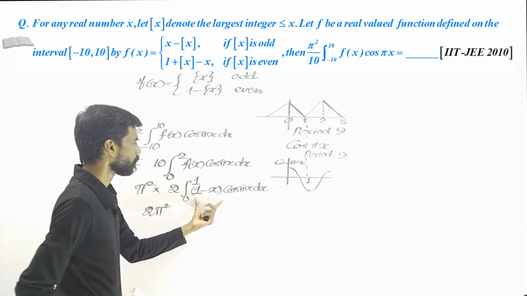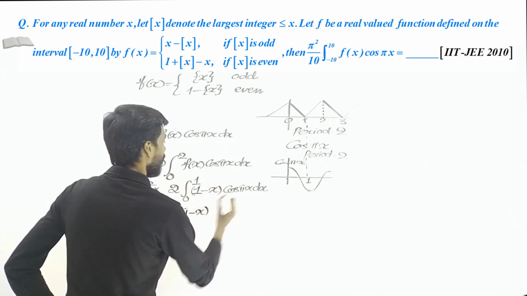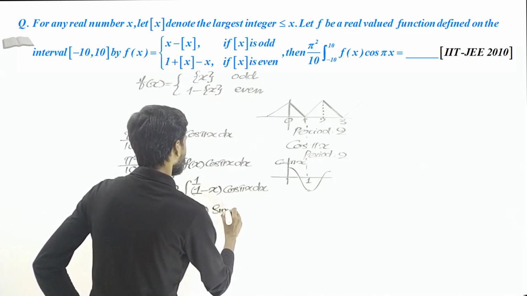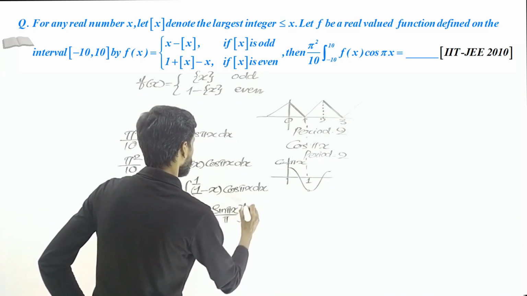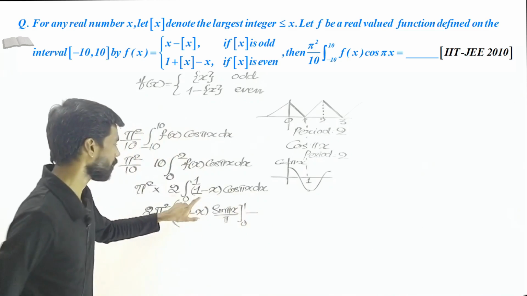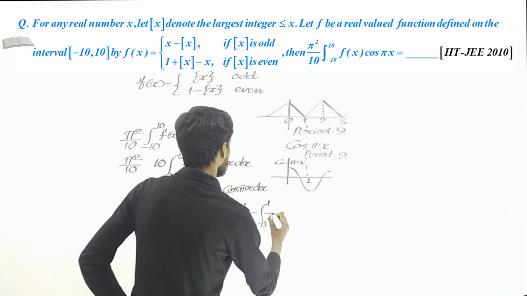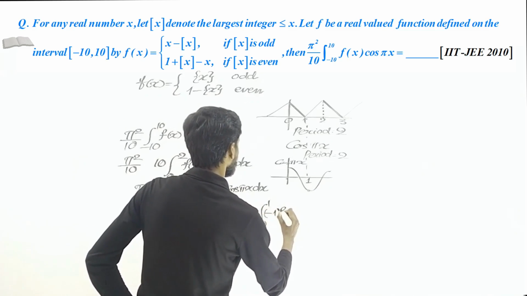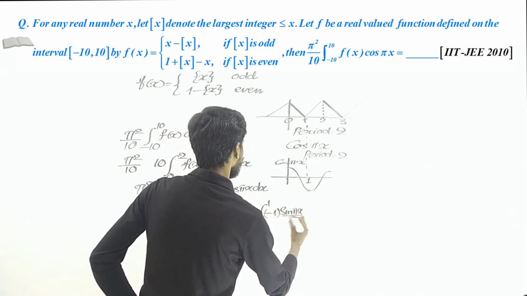So this is u, 1 minus x, and integration of that is sin pi x divided by pi. Okay, so that limit is from 0 to 1, minus, so the derivative is minus 1 multiplied by integration of that, sin pi x divided by pi dx.